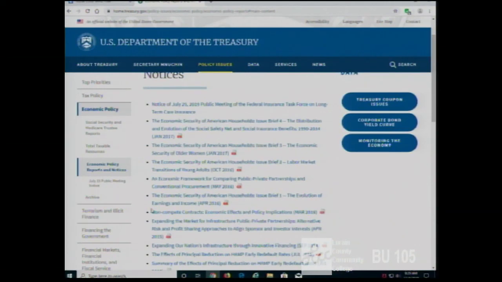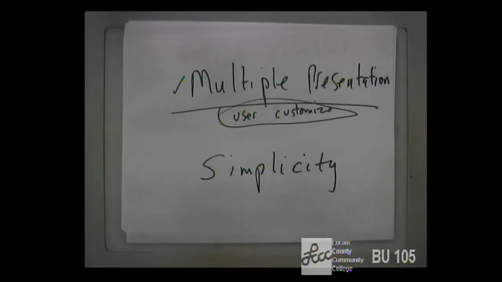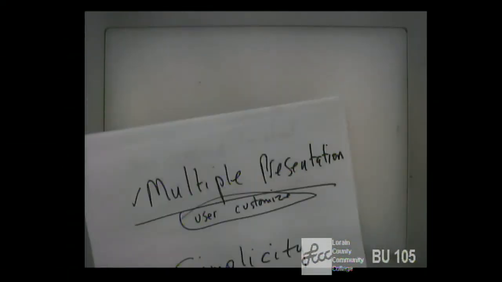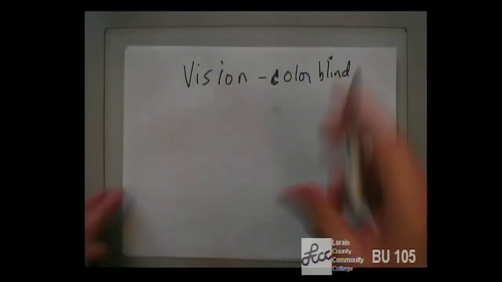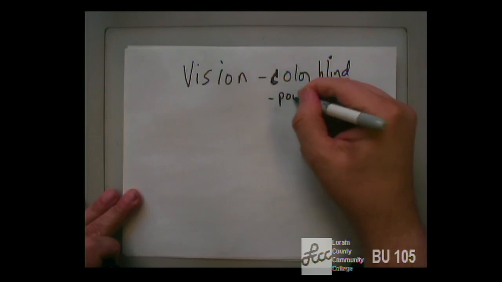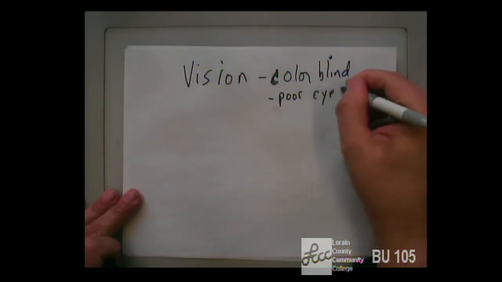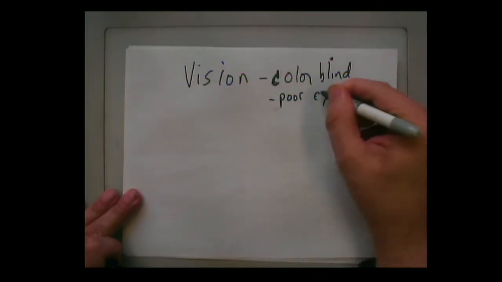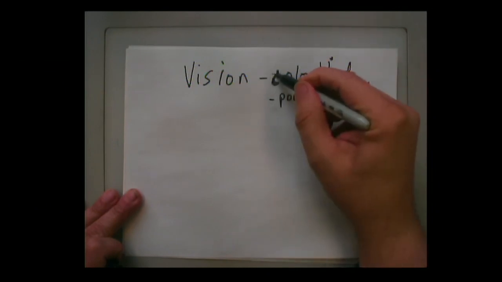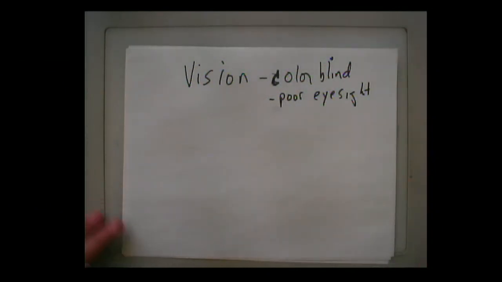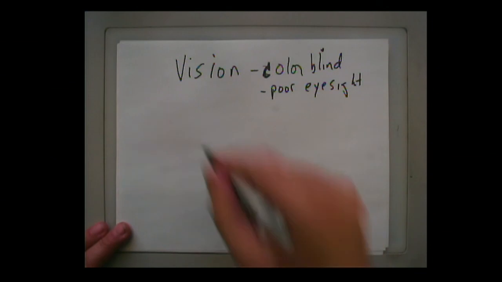Okay? Now, another disability besides vision related. Vision, color blindness, and poor eyesight, we talked about those. What's another disability that's relevant in accessing the web? Motor skills.